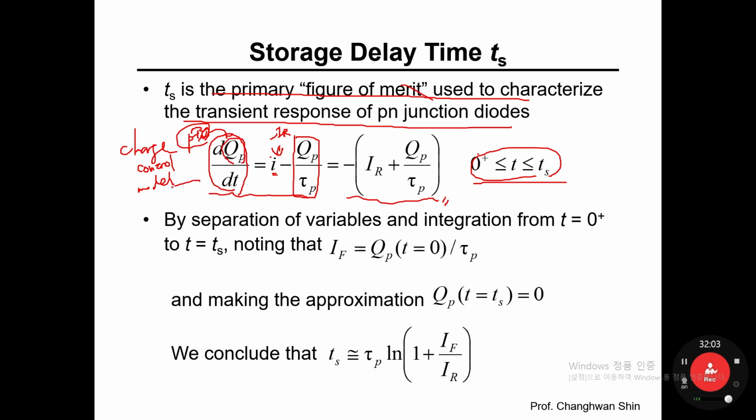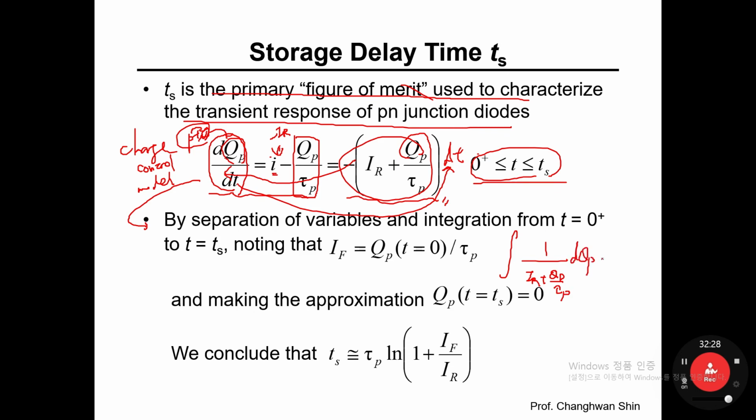So now we can solve this first-order differential equation. By separating the variables, dt is moved here, and all this term is moved to the left-hand side, and then you can do the integration. Then let's do that. The integral of 1 over (IR plus Qp over tau p) dQp is equal to the integral of minus 1 dt, right?